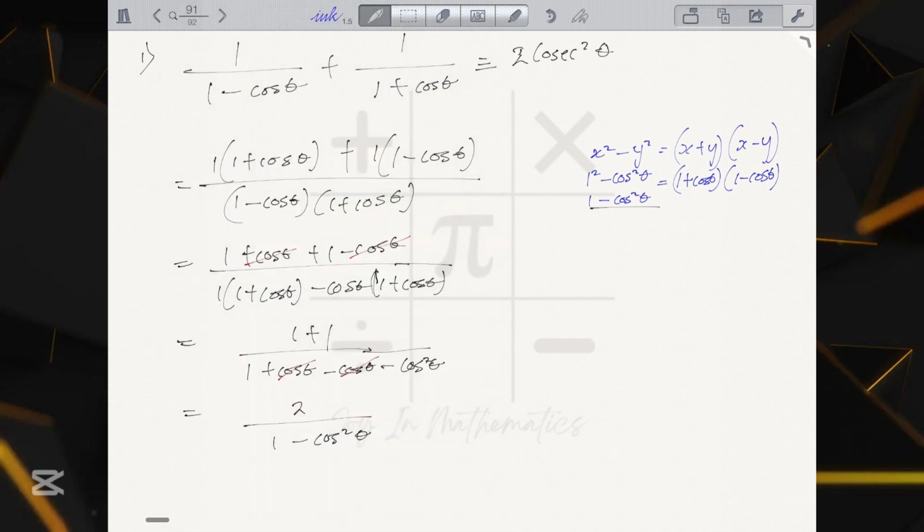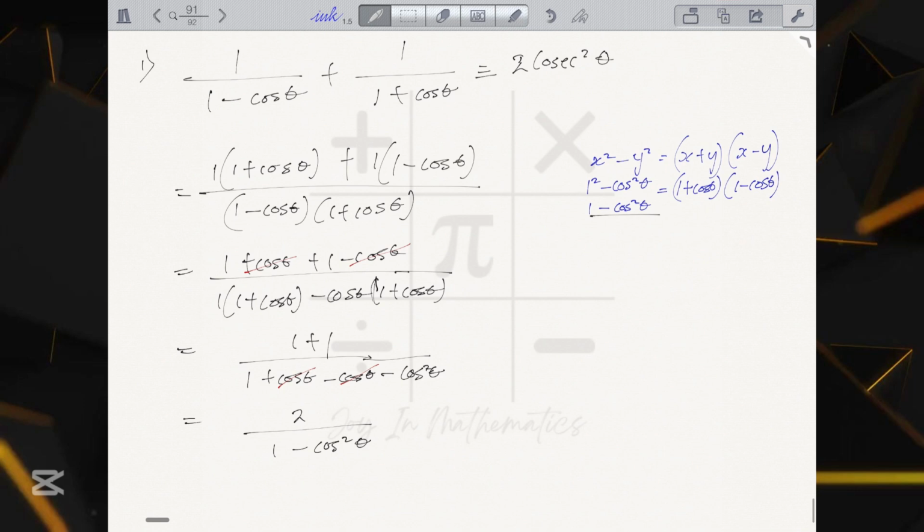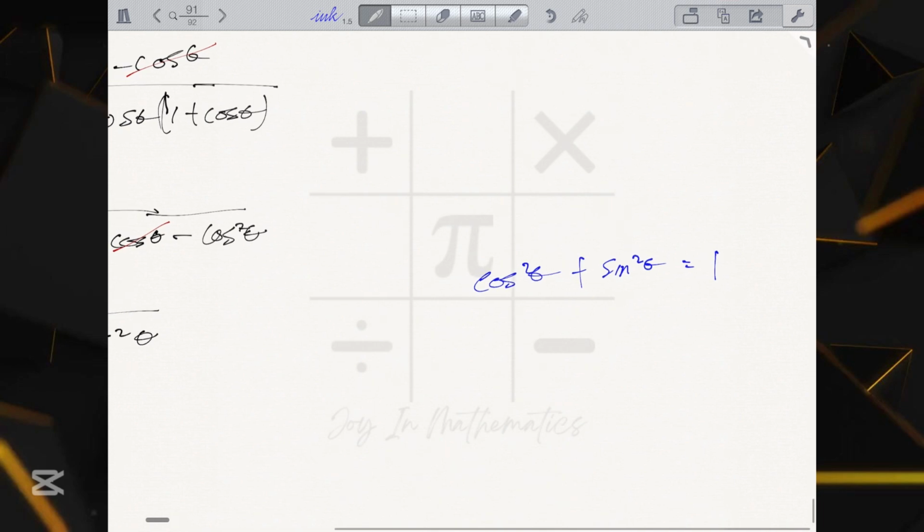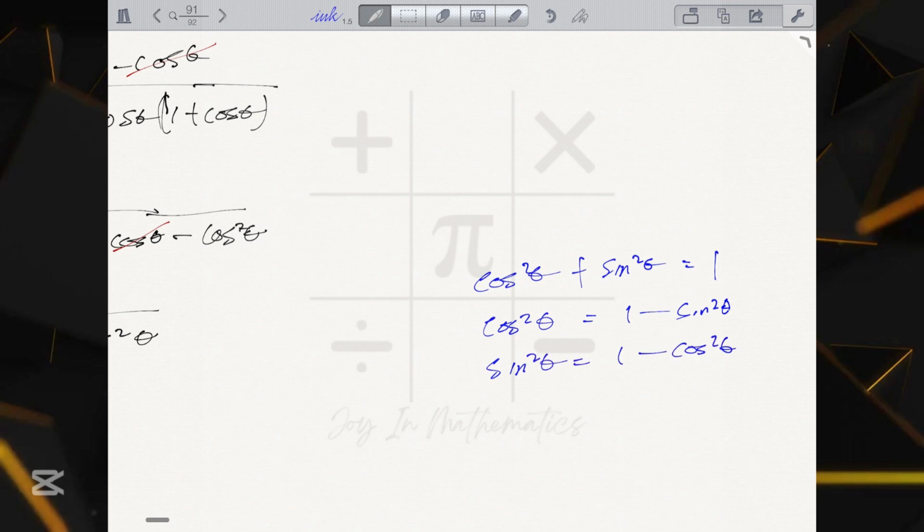Now, if you recall from the first trigonometric identity that cos squared theta plus sine squared theta is equal to 1, then making cos squared theta the subject of the formula, we will have that cos squared theta is equal to 1 minus sine squared theta, and likewise sine squared theta is equal to 1 minus cos squared theta.